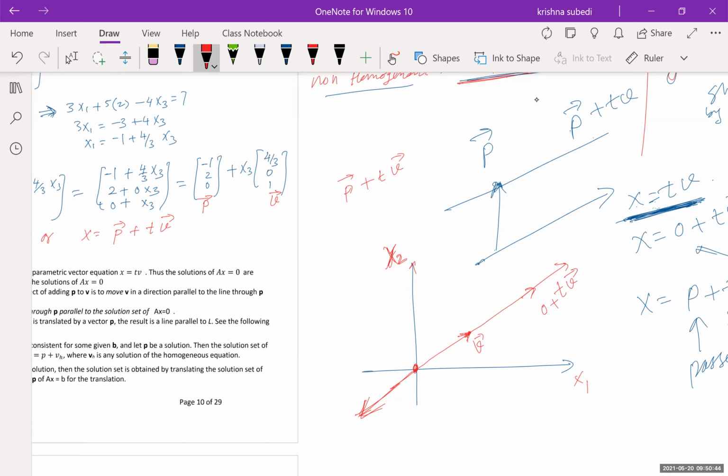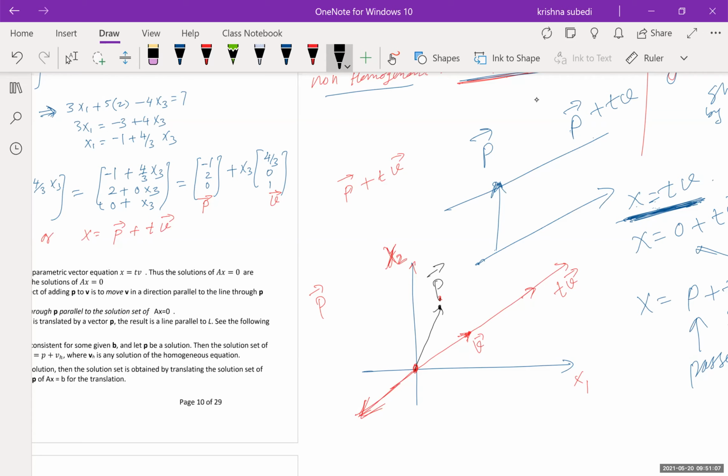TV means 0 plus TV, you can write that way. So it passes through the origin. Now, when I say P plus TV, let's say P is a vector. Let us suppose that vector P is here. Let me use a different color. Vector P is, let's say, this one. Okay, this is my P vector.